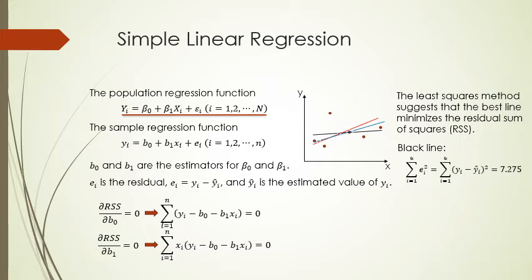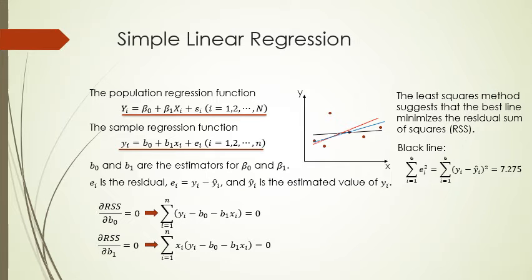We may estimate the parameters from the sample, where we have n pairs of xi and yi values. Then we have the sample regression function as this, with B0 and B1 as the estimators for beta 0 and beta 1, corresponding to the intercept and the slope of the estimated regression line.